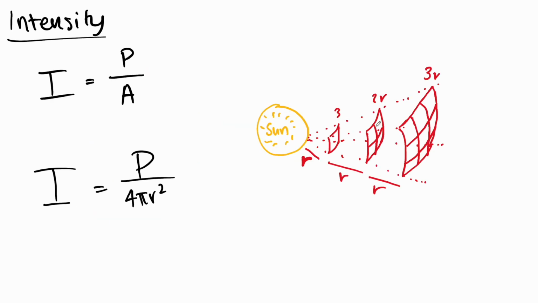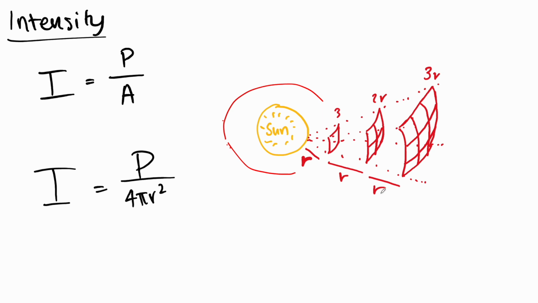Again, I don't think this is in the data booklet, but intensity is the power over the area. I drew the sun here and all the energy that it emits, and it emits energy in sort of a spherical fashion like this, and the intensity is reduced every time it goes out because the power stays the same, but the radius is increased a lot.